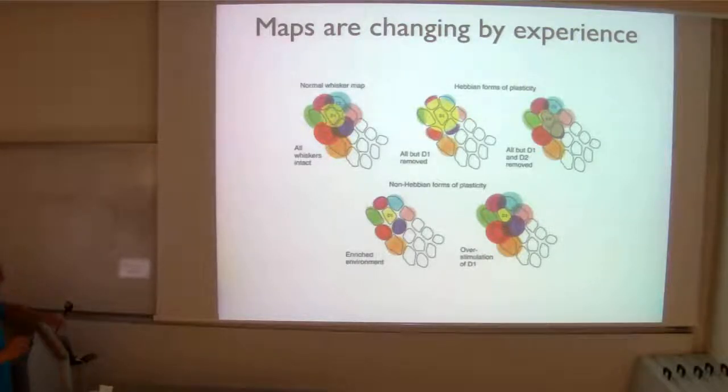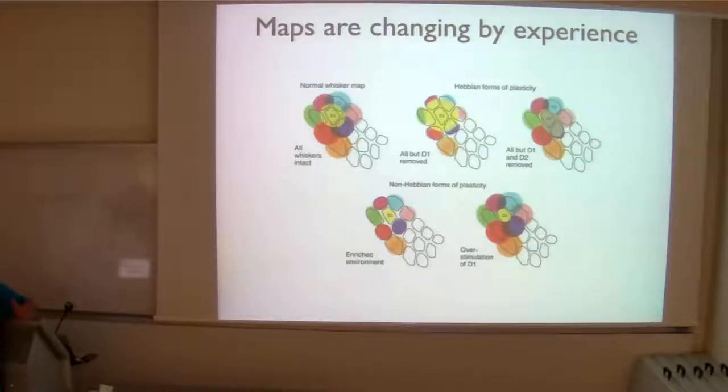It tells us, or at least the way people think about it, first of all, is that the cortex is plastic. It can change the receptive field by experience. This has huge consequences. Today, it's almost obvious to you, since you already learned about brain-machine interfaces and stuff like that.